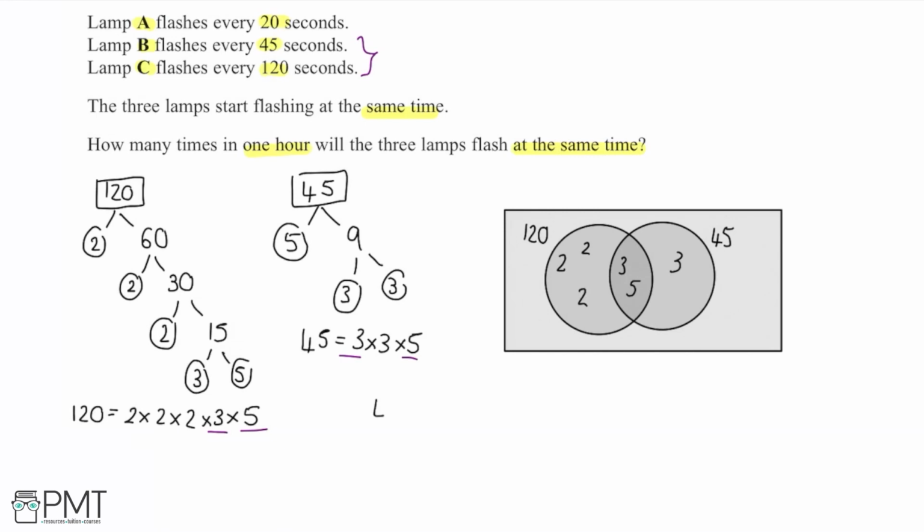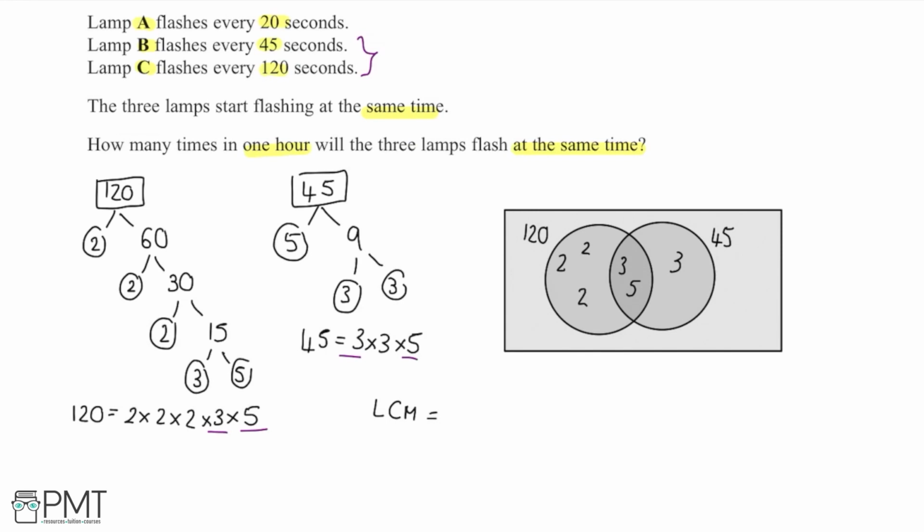Now we can work out the lowest common multiple by multiplying together all of the factors in the Venn diagram. So in this instance, because the 3 and 5 are only counted once, not twice, as they would be if we were simply multiplying 120 and 45, they're only counted once in the Venn diagram, and that is why we get the lowest common multiple, because we've taken out the duplicated repeat factors.